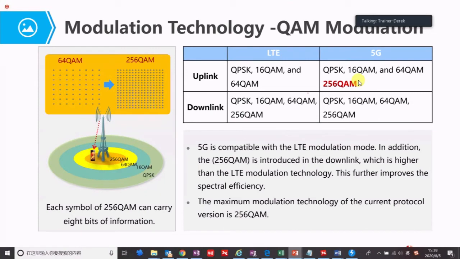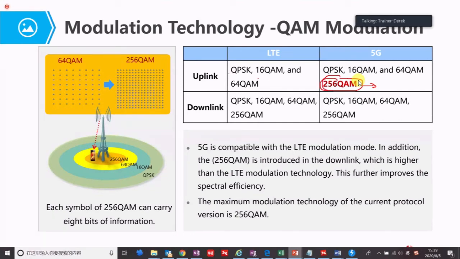This is for 5G, just for uplink, supporting 256 QAM. This modulation is introduced to provide more throughput. The higher the order, the more the throughput. You can see this mode.